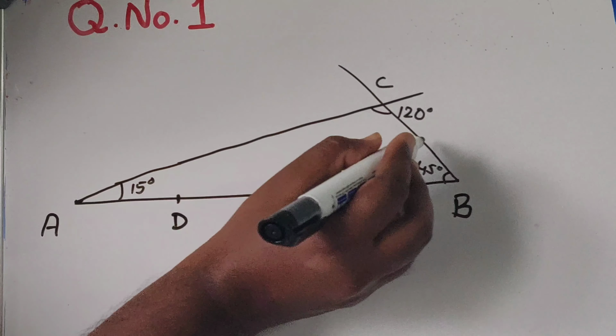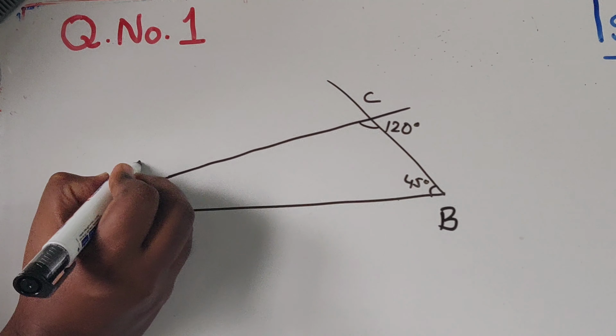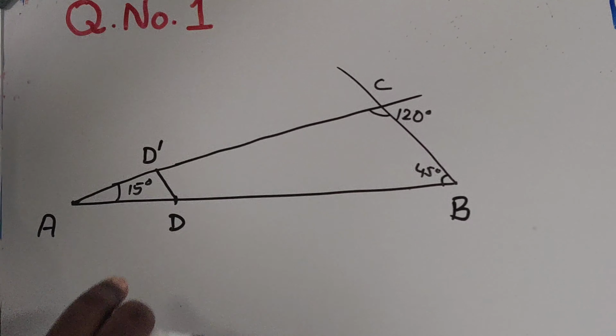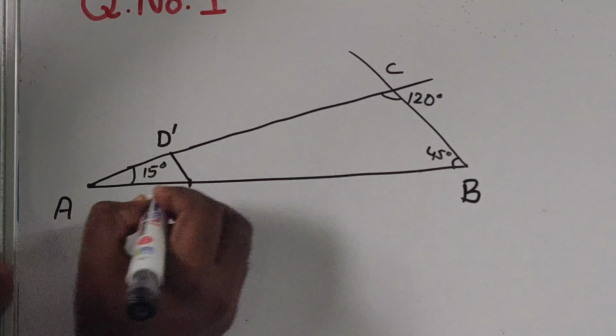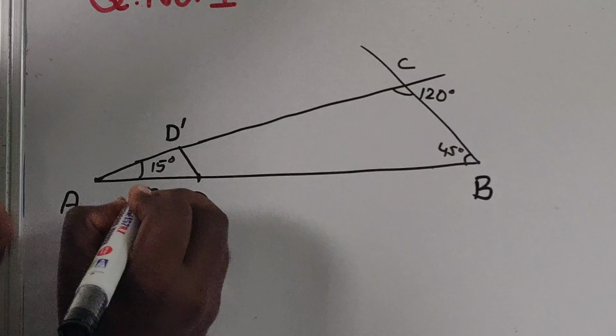So from here we can have a parallel line to BC which will go like this. So AD dash corresponds to, let it be 25 mm. A to D is 25.